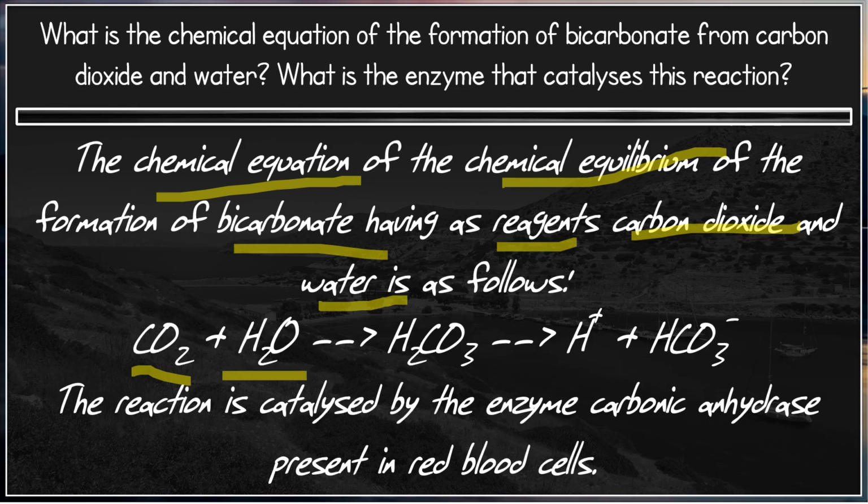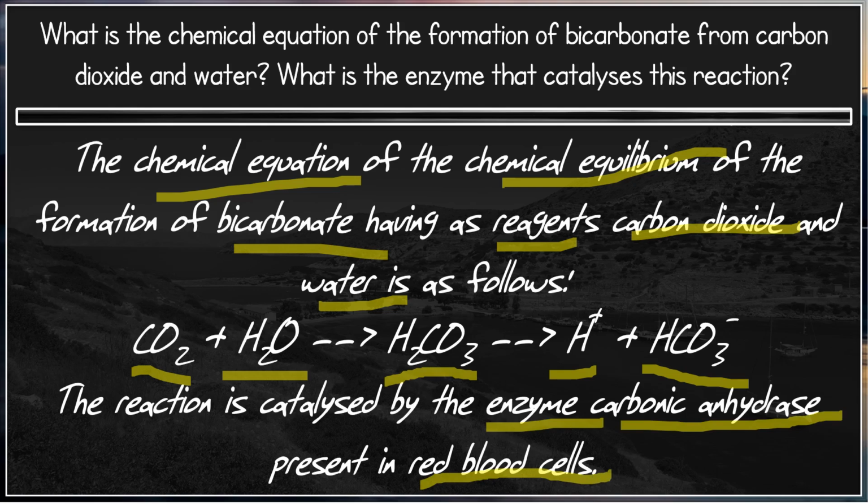Carbon dioxide plus water gives carbonic acid, which dissociates to give hydrogen ions and bicarbonate. The reaction is catalyzed by the enzyme carbonic anhydrase, present in the red blood cells.